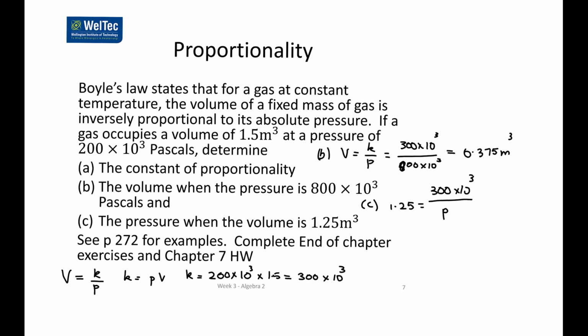And if we just rearrange that, P, the pressure, is going to be 300 times 10 to the power of 3 over 1.25. And use your calculators or your brains. And that'll be in pascals.